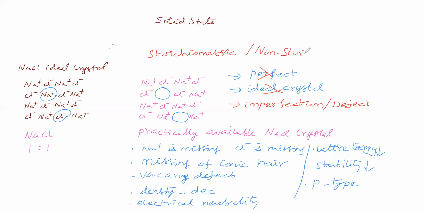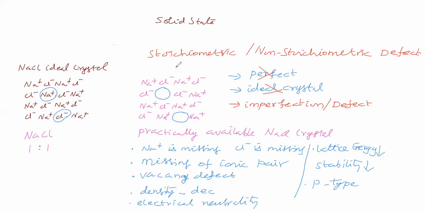What are stoichiometric and non-stoichiometric? If the formula is the same as the ideal crystal, then that is stoichiometric. If the formula is deviating from the ideal crystal, then it is non-stoichiometric.